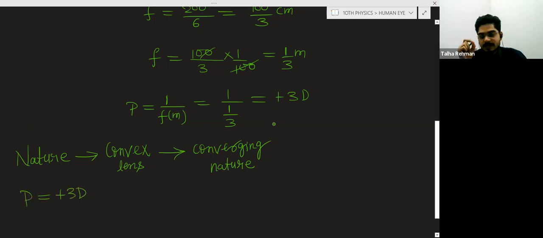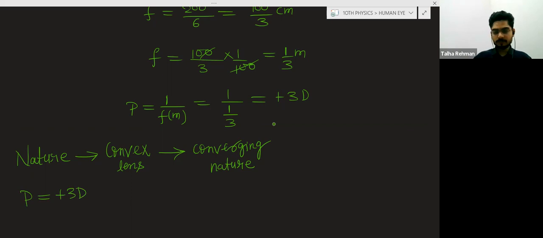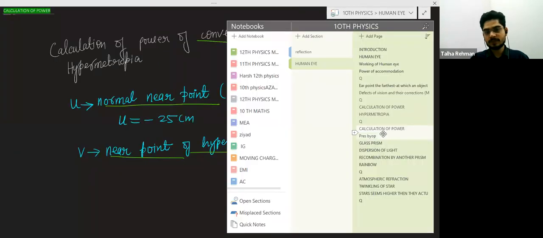The convex lens that is used for the correction of hypermetropia will have a power of plus 3 diopter. Okay. So this is finished.